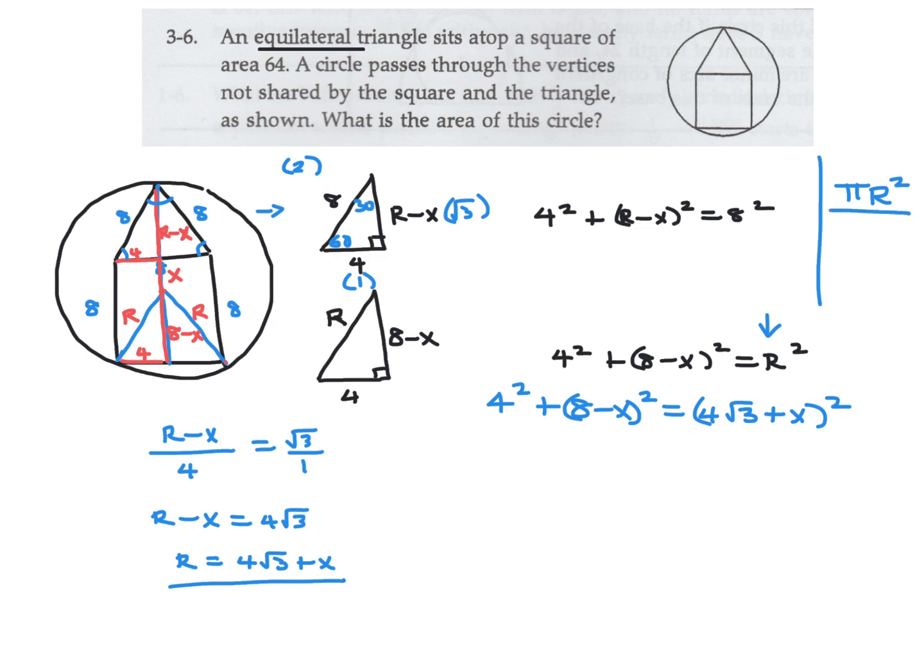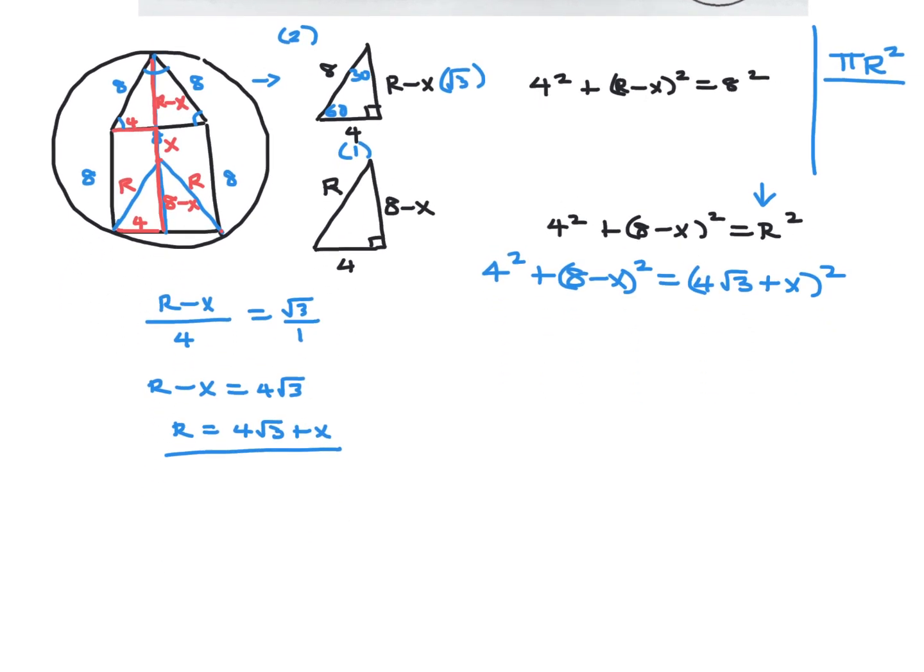Okay, so we got a bunch of algebra here. No problem, let's do the algebra. So we got 16 plus 64 minus 16x plus x squared, and then this will be 48 plus 8 root 3x plus x squared. The x squareds go, that's very good.